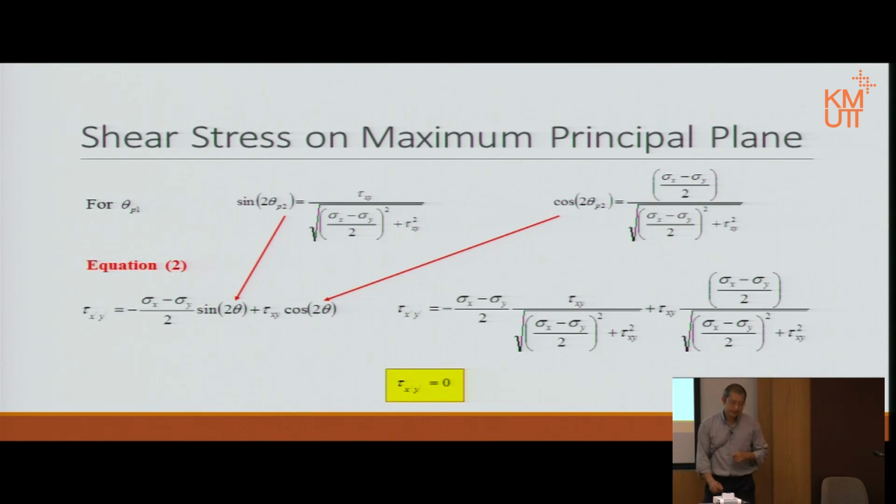That tau is the same tau, that term is the same as that term, the divider is the same, minus, plus, then it becomes 0. Meaning the shear stress attached to sigma 1, the maximum principal stress, is 0.